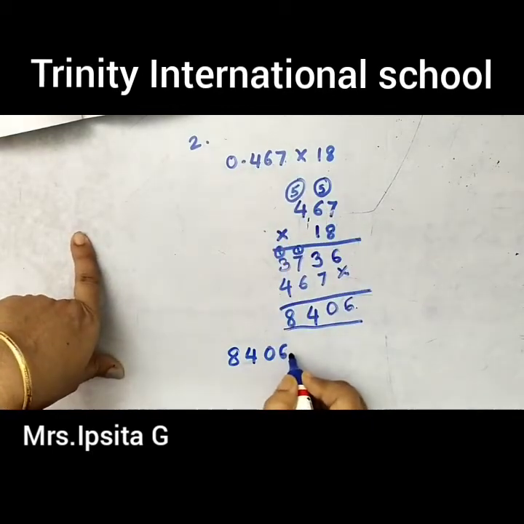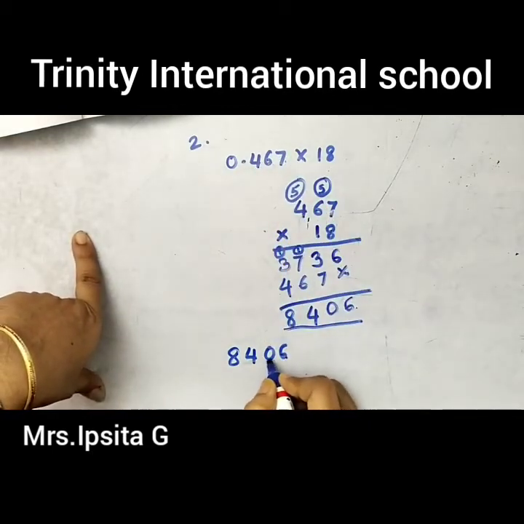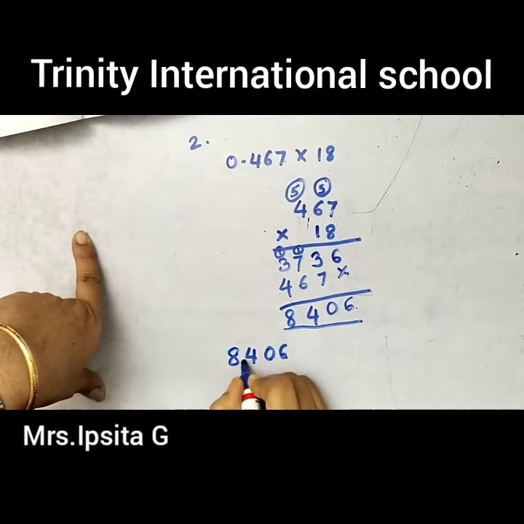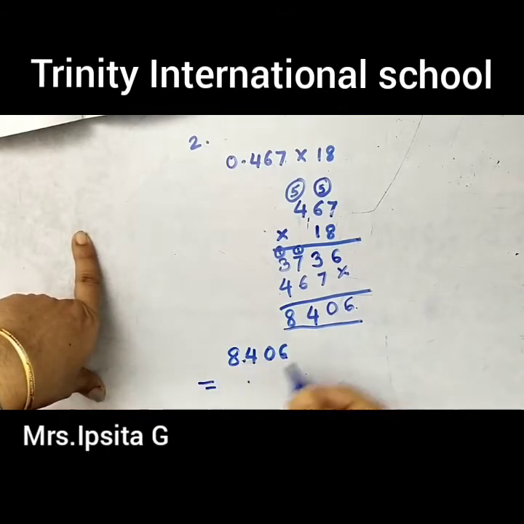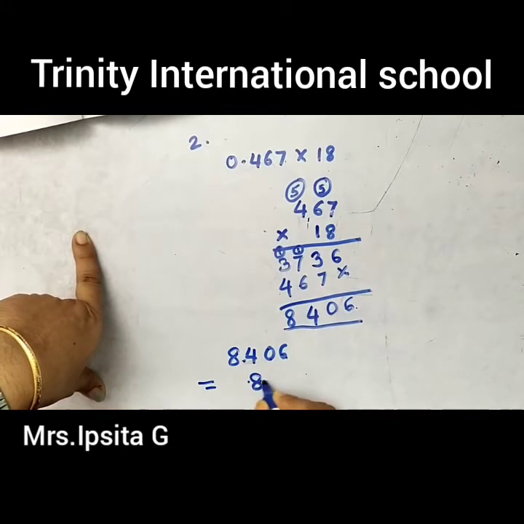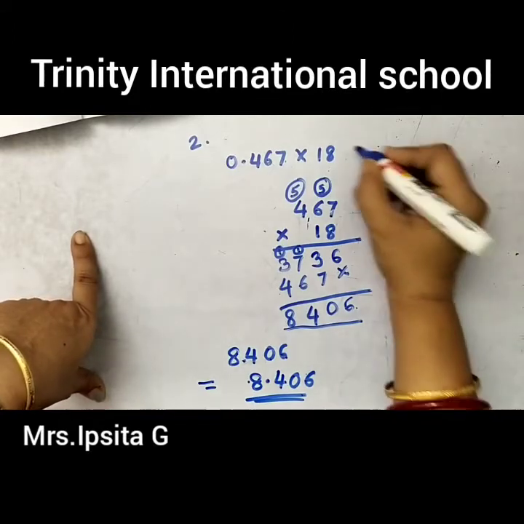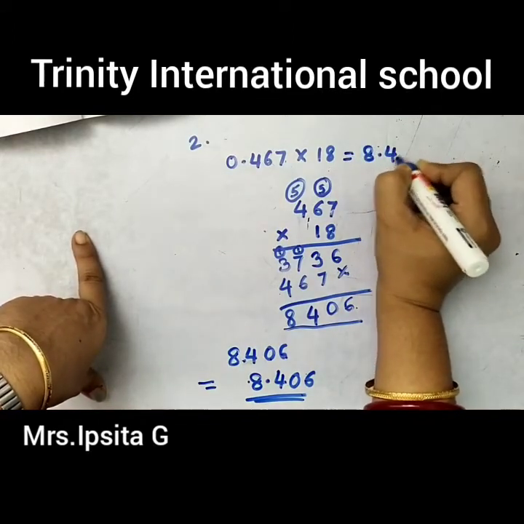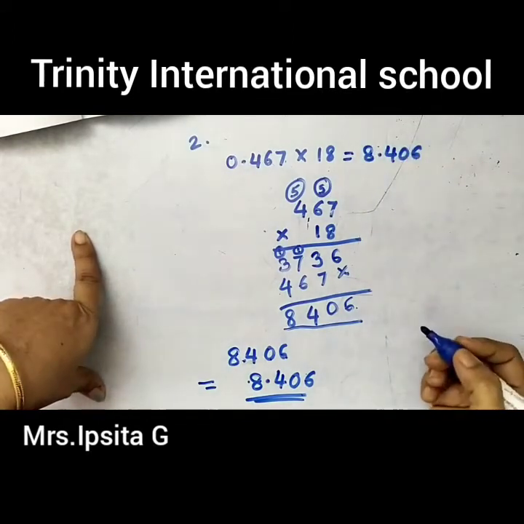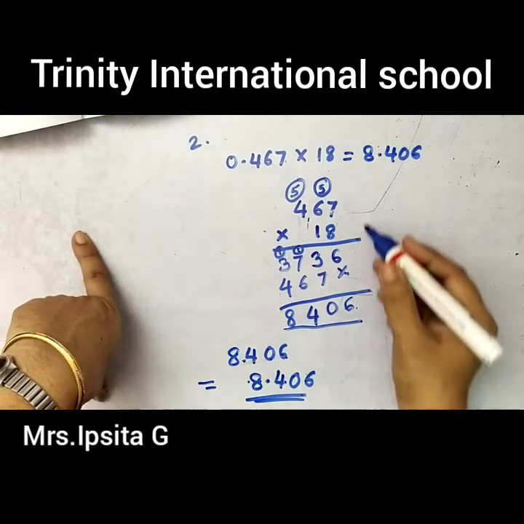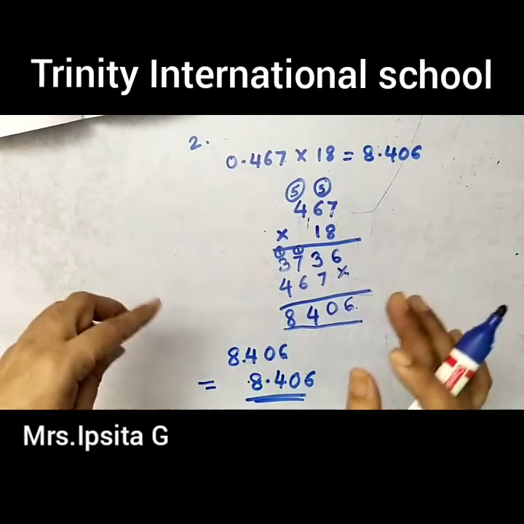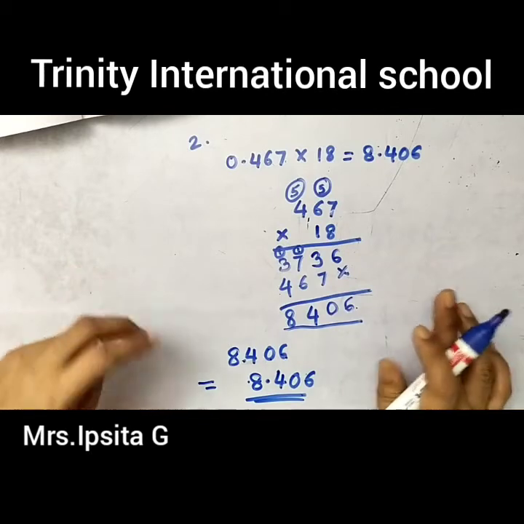So just go 3 digits from your right to left. So your answer will be 8.406. Okay, so here you can write 8.406 is your answer.